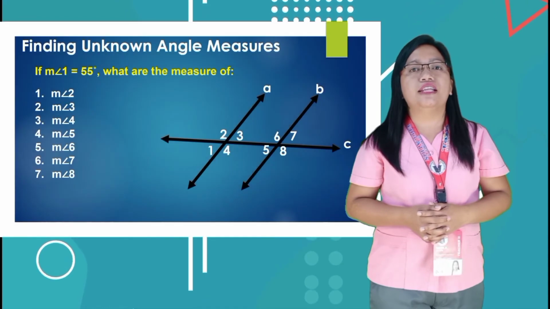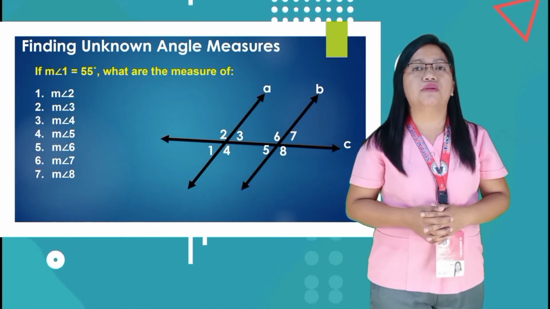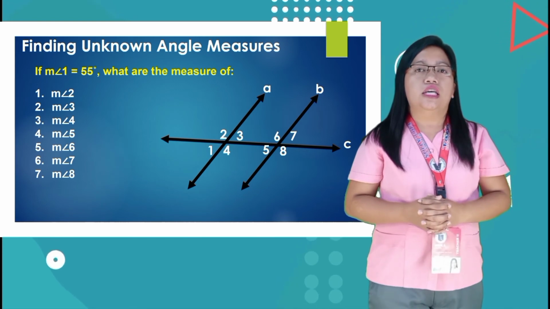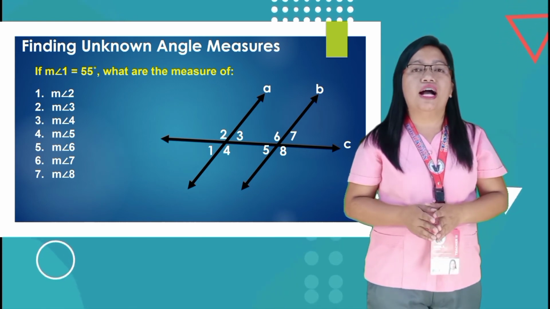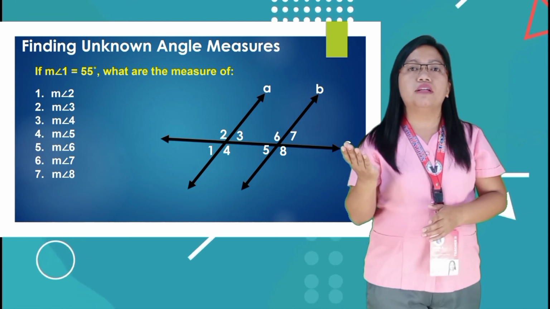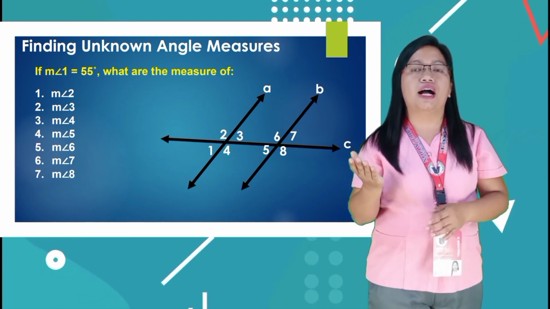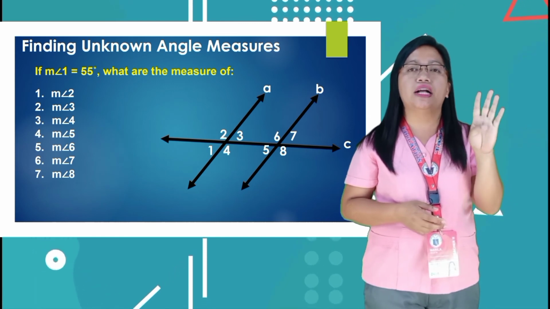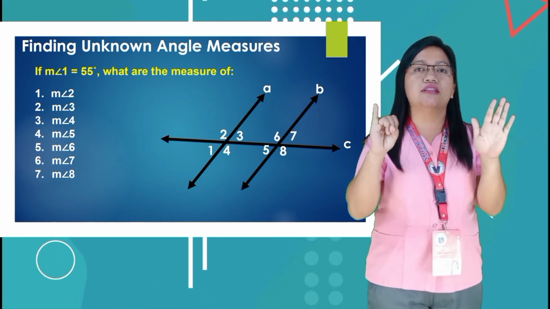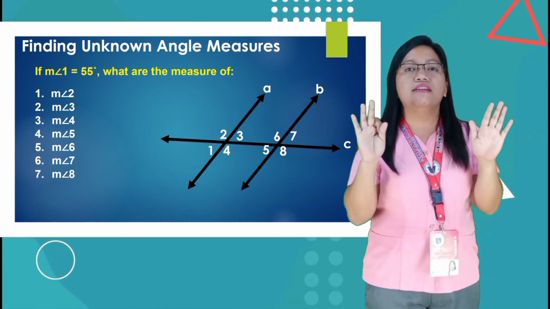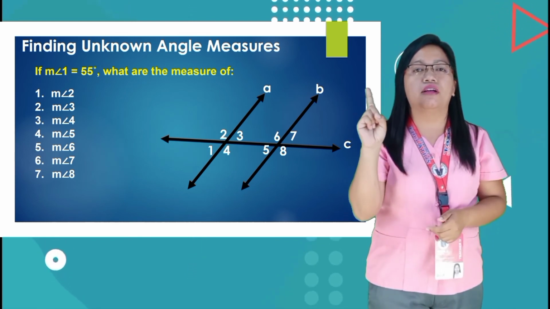For further understanding, let us find the unknown angle measures in this figure. If the measure of angle 1 is equal to 55 degrees, what are the measures of angle 2, angle 3, angle 4, angle 5, angle 6, angle 7, and angle 8? Let us answer number 1.